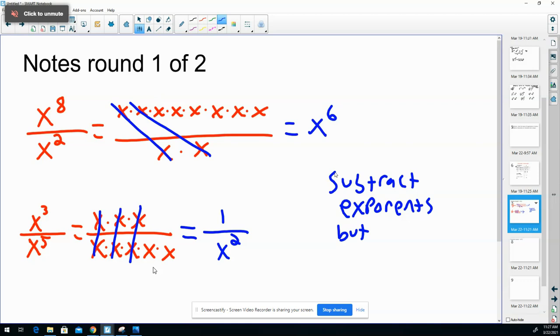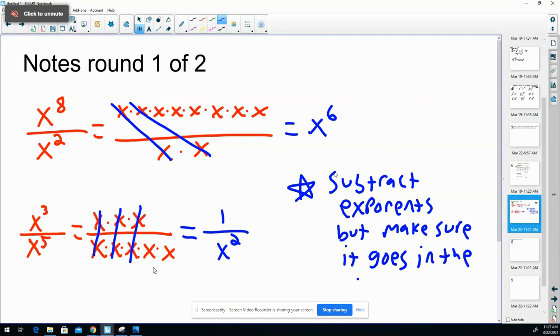But you want to make sure that you put it in the right spot. Right, a little star there. You want to make sure that if the bottom is bigger, you leave it in the bottom. If the top is bigger, you leave it on top. So you've got to make sure it goes in the correct spot.